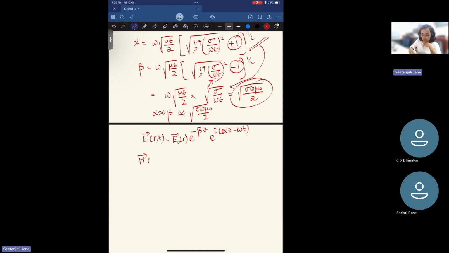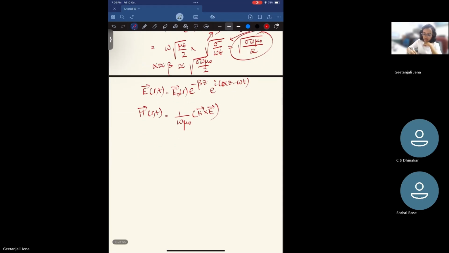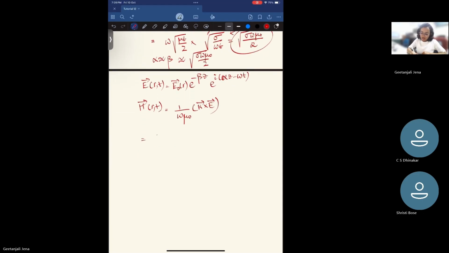That means you can write H(r,t) as 1 by omega mu naught, k cross E. So omega mu naught, k is alpha plus i beta, z cap, cross E0.